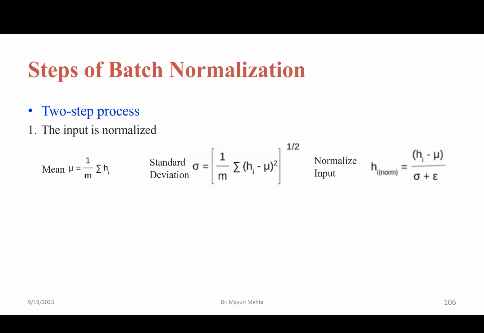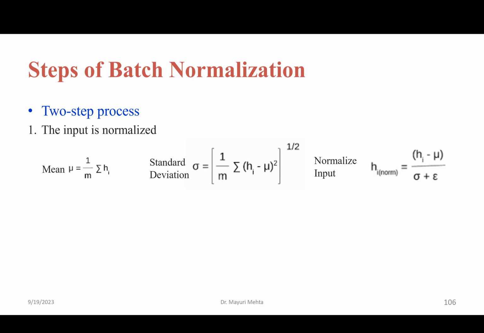In this step we have our batch input from hidden layer H, and first we need to calculate the mean of this hidden activation. Here M is the number of neurons in the hidden layer. So sigma of Hi, where i represents the hidden unit index, M represents the number of neurons, and mu represents the mean value. So the mean value is calculated like this.